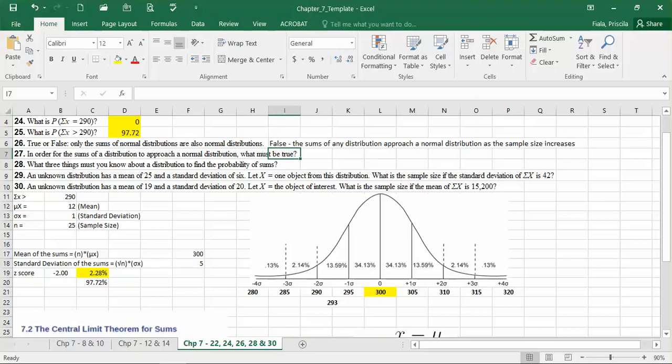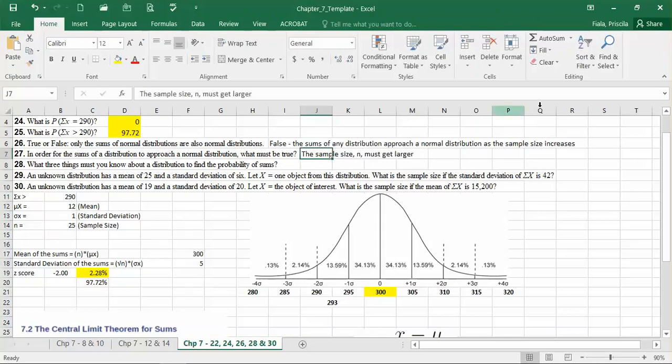Okay, for 27, which you're not required to answer: in order for the sums of a distribution to approach a normal distribution, what must be true? Well, we just said that the sum of any distribution approaches a normal distribution as the sample size increases. So the sample size n must get larger.